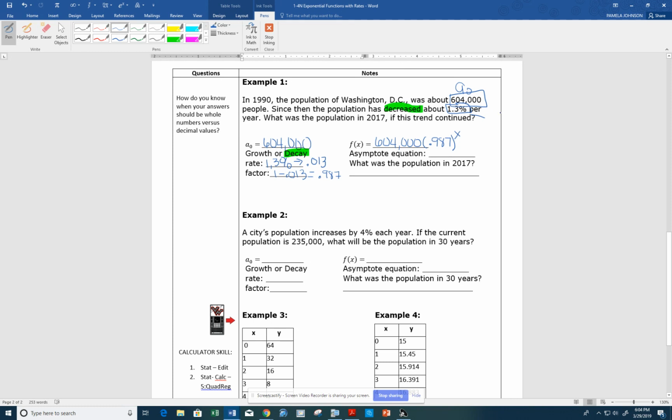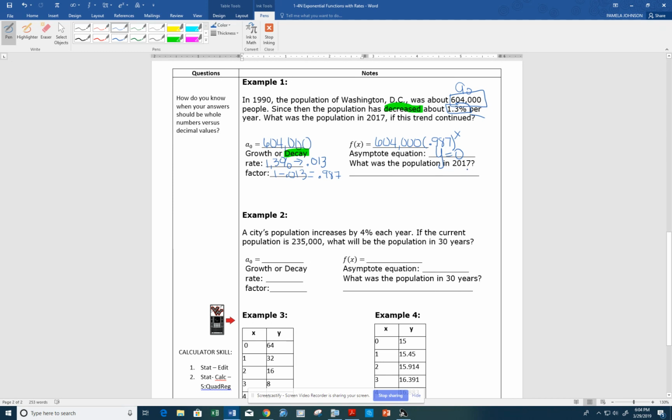It's asking for our asymptote equation, and if you remember when we started on exponential functions, I told you that for Algebra 1, the asymptote equation is always going to be y equals 0. Let's see what was the population in 2017.